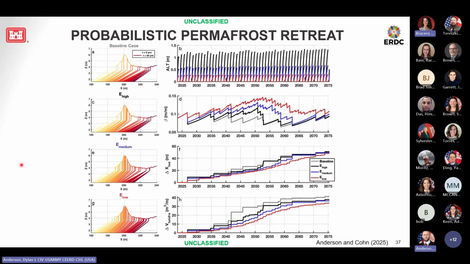What you're looking at here are future simulations going out 50 years. And in this case, the E parameter is the rate of erodibility of the underlying permafrost. These are parameters in a morphology model that we're ultimately highly sensitive to.